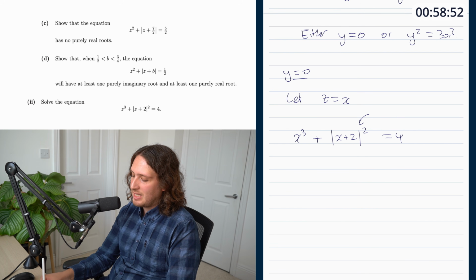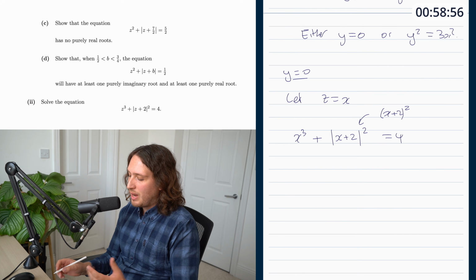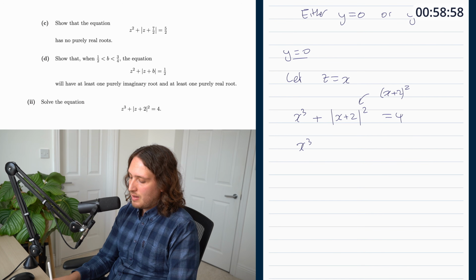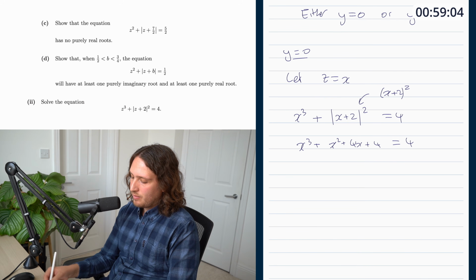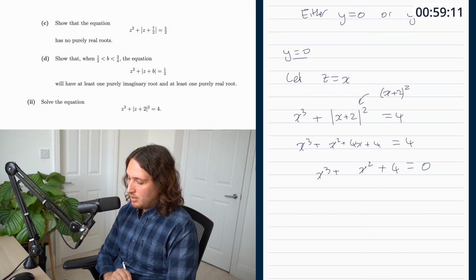So that's just the same as this, right? The modulus at most is a sign variation, and the square would kill the sign anyway. So x cubed plus x squared plus 4x plus 4 equals 4. So x cubed plus x squared plus 4x is 0, I think, is what we get.